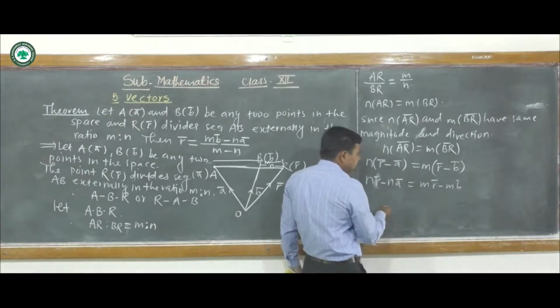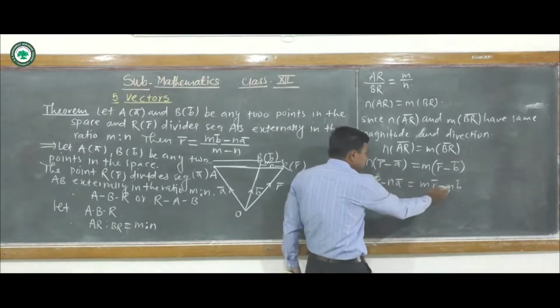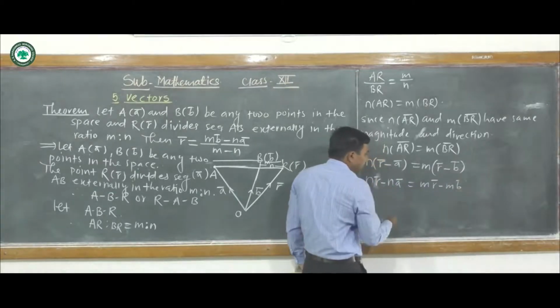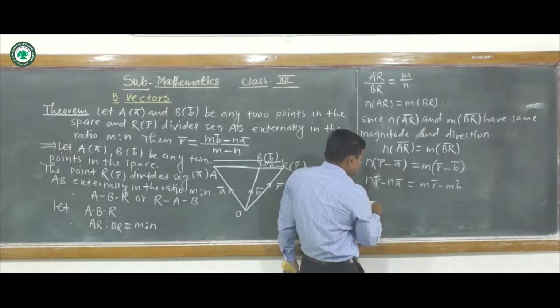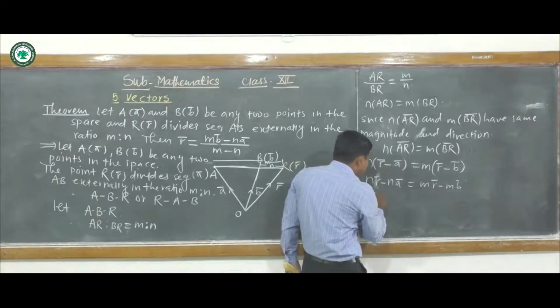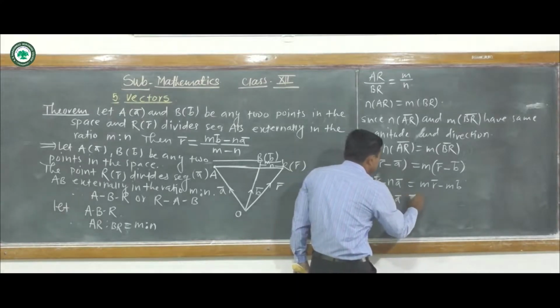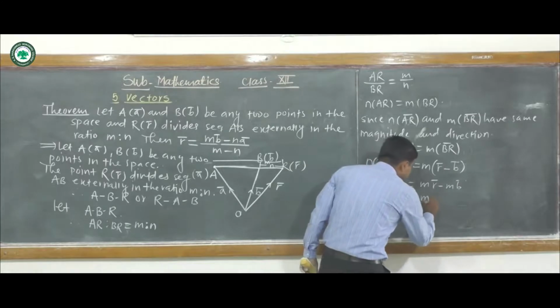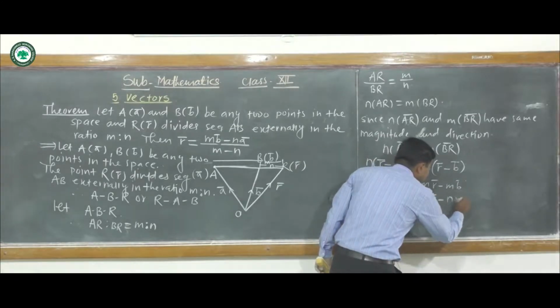So we get, or shift this minus m into B bar here and minus n into A bar there. So we get m into B bar minus n into A bar is equal to, here we have to shift this n into R bar to right hand side. So it is m into R bar minus n into R bar.